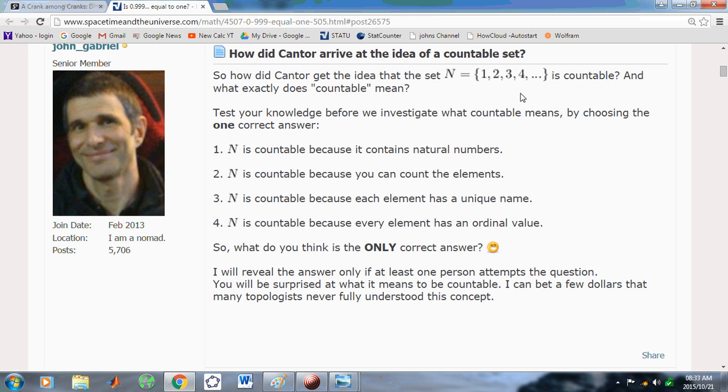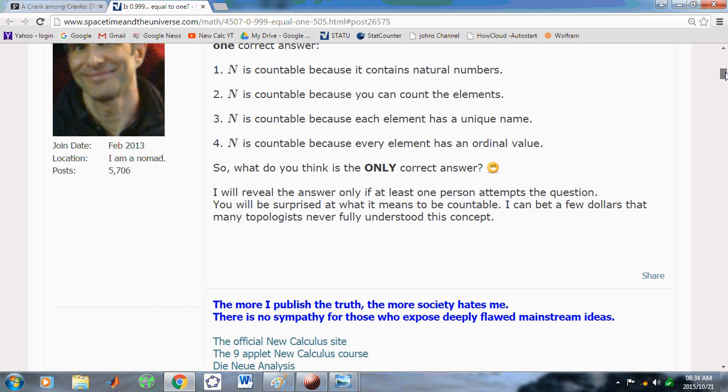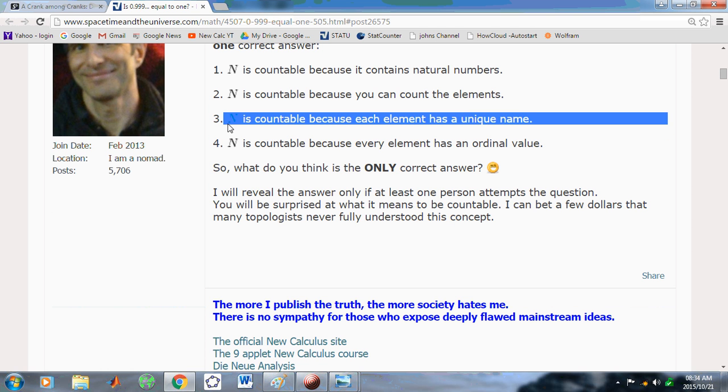Okay, so it turns out that only one person was able to answer this correctly on Quora, and he was a master's math graduate from MIT, whose name is Anders Kesor. He chose the correct answer. In fact, the correct answer is that N is countable because each element has a unique name. That is what it means to be countable.